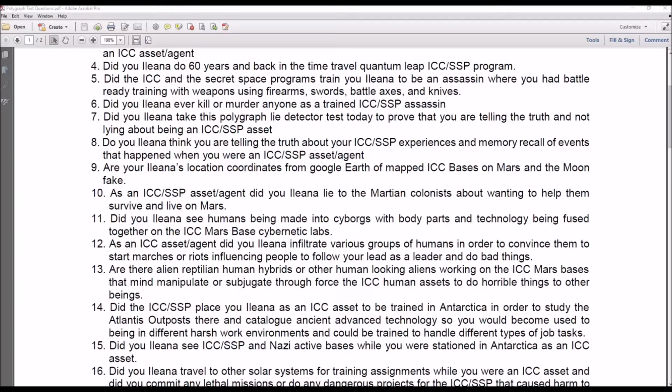As an ICC asset/agent, did you, Ileana, infiltrate various groups of humans in order to convince them to start marches or riots, influencing people to follow your lead as a leader and do bad things? Yes. The ICC subconsciously trained me to infiltrate various groups of humans and convince them that I was part of them, that I was part of their groups and helping them to do good things in the universe, on other planets.